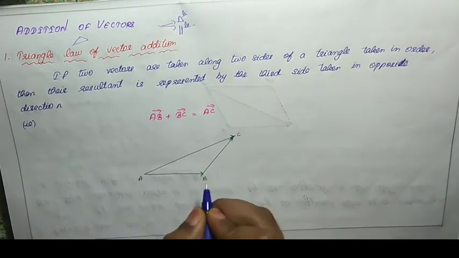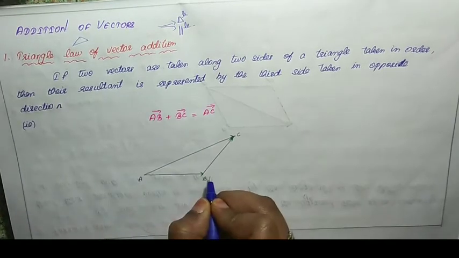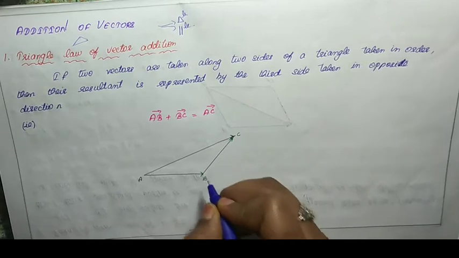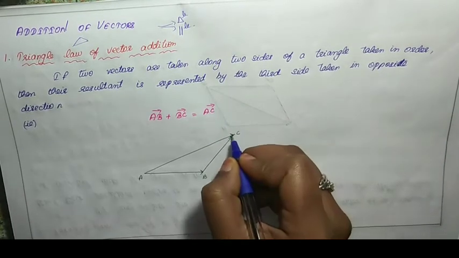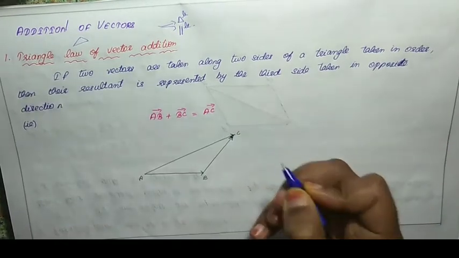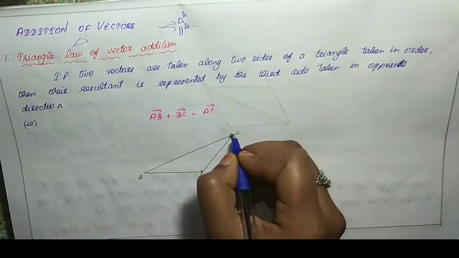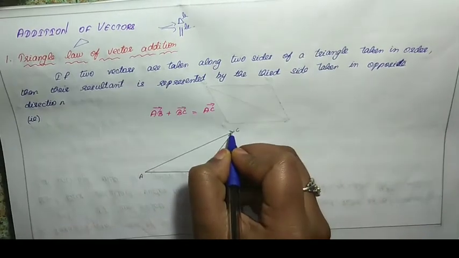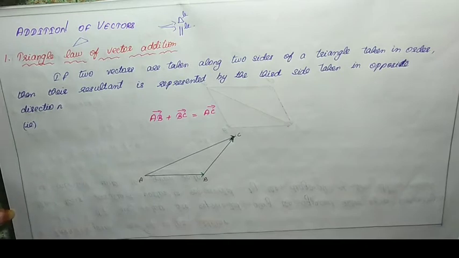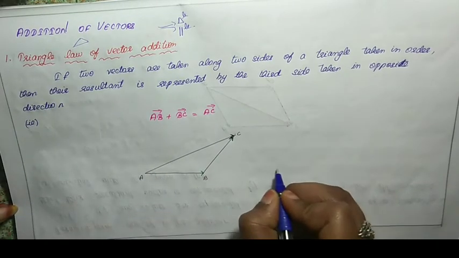I have drawn vector AB in this direction, from the left side to the right side. And I have drawn one more vector, B to C. That also I have represented with an arrow mark, and A to C I have drawn, and this is in the opposite direction.